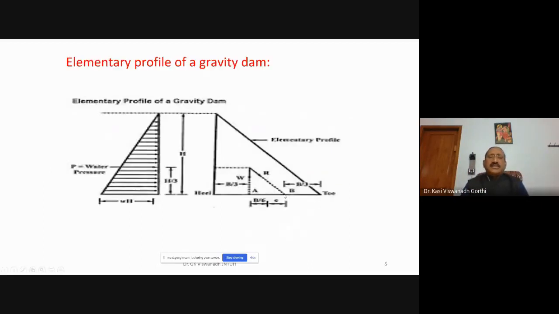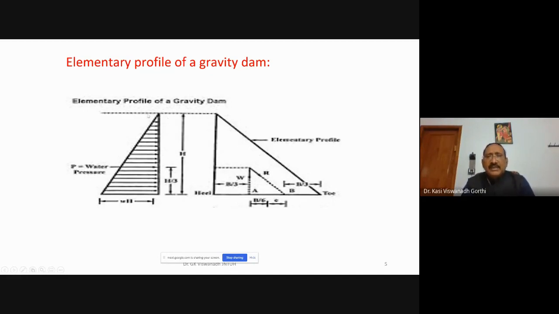For such a section, only a few forces may be acting. Because it's the elementary profile, to start with, we assume that only a few forces are acting. So what are those forces? If you see here, the water pressure intensity diagram will be a triangular distribution having its maximum intensity at the base, gamma h. As the depth h increases from the free surface, the pressure intensity also increases.